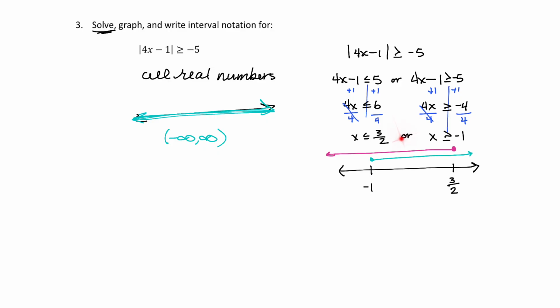And it's an or, which means everywhere or everything in both, right? Which would be the entire number line. Okay, so it takes longer to get to it, but you will eventually get to the right answer. All right, so if you could recognize it's a special case because of this negative, you're done. You don't have to do any of this.